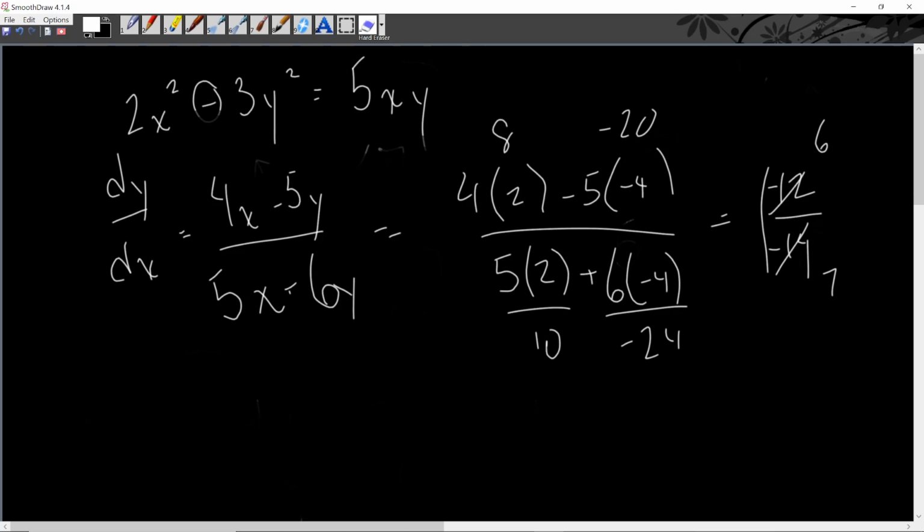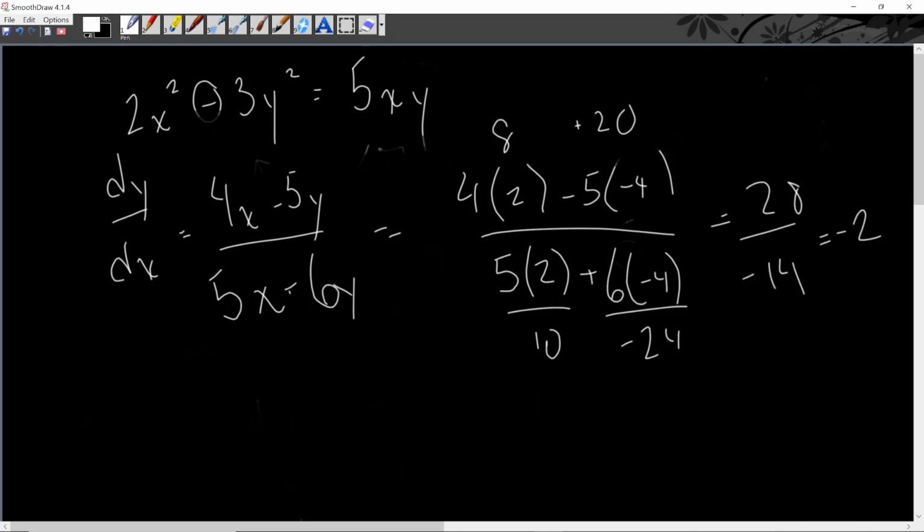I'm sorry about that, but it was actually a much simpler mistake. When you do minus 5 times minus 4, that's going to be plus 20. So we have 28 over negative 14, which is going to be negative 2. I don't know how I missed that. I did waste like 5 minutes just thinking what I did wrong, even though my mistake was clearly in front of me.